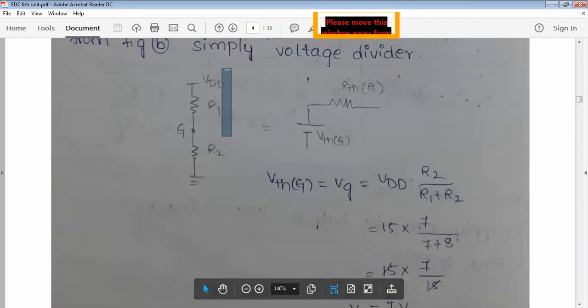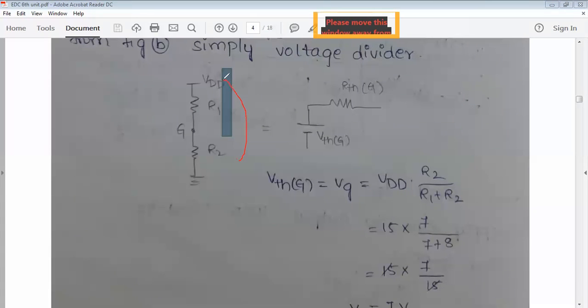So this network is replaced with V Thevenin and R Thevenin. V Thevenin is equal to VDD into R2 by R1 plus R2, that is equal to 7 volt. What is R Thevenin? R Thevenin is equal to R1 parallel to R2. Okay, no need to calculate the R Thevenin value. Why?